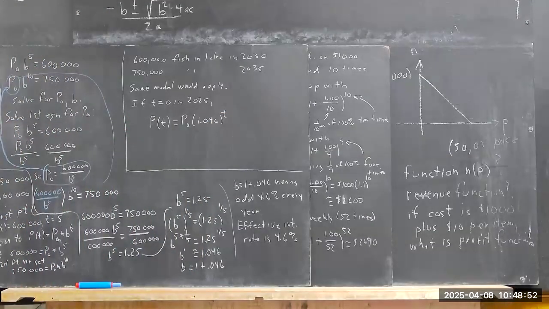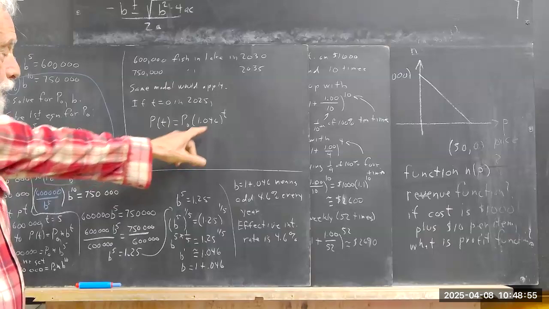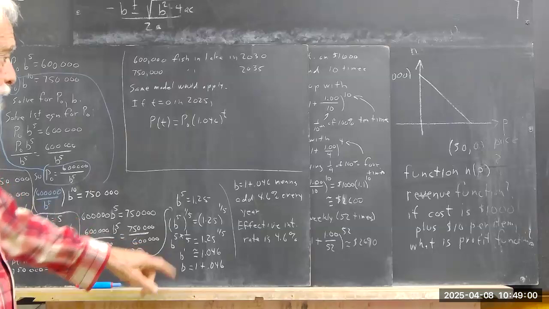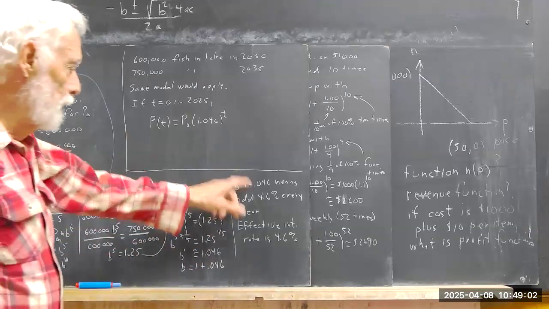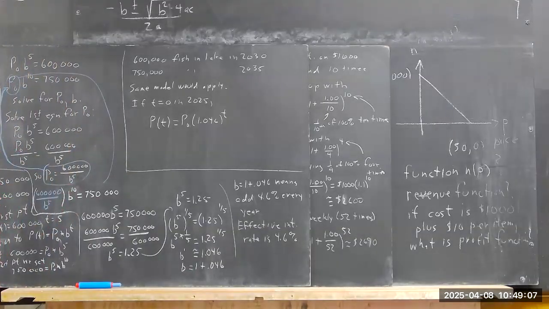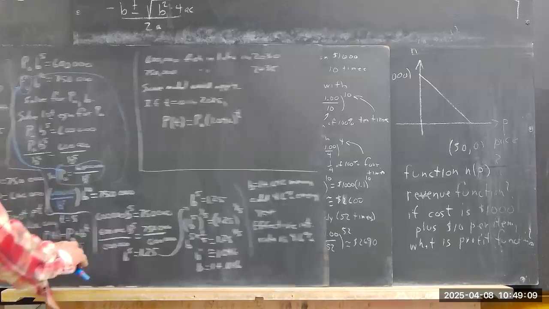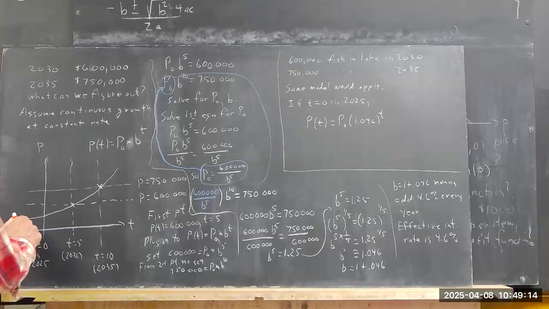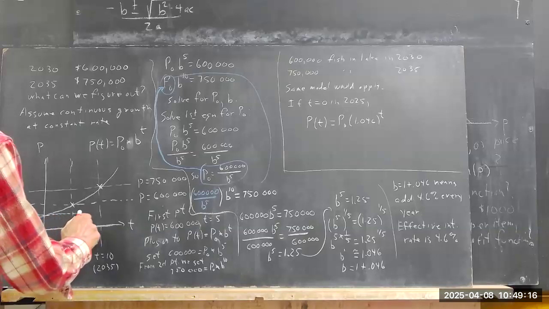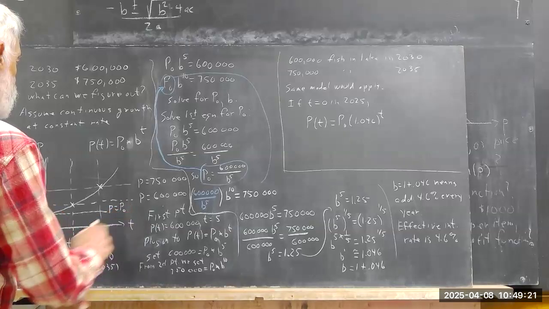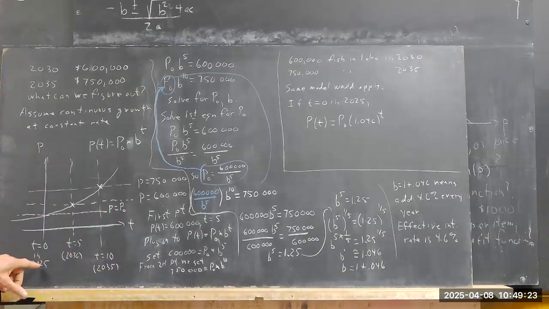Okay. Now, one thing we haven't calculated is P naught. Okay, we haven't completed this problem either, but we've interpreted what the effective rate is. Now, we might as well find out what P naught is. P naught would be the population at T equals 0.